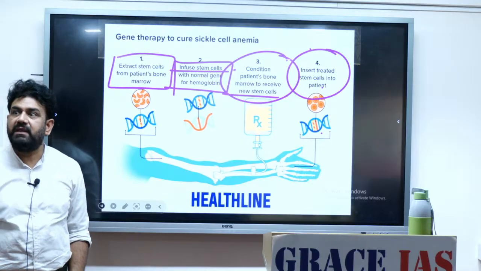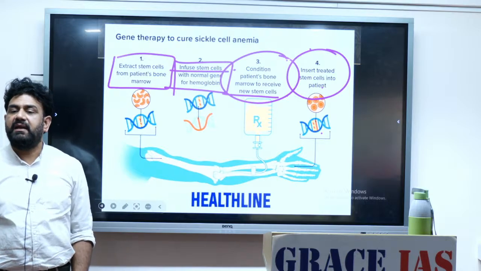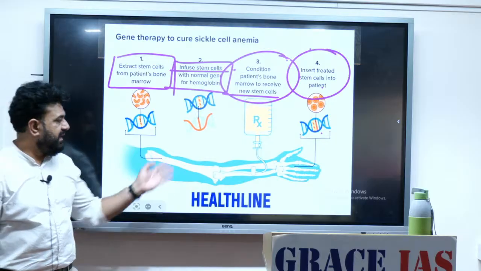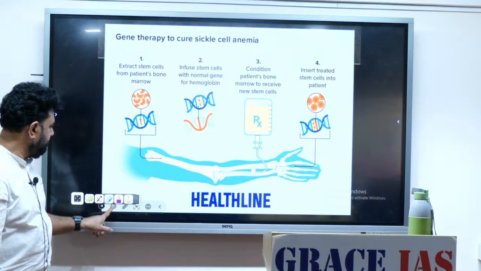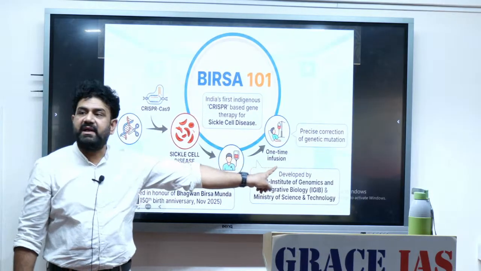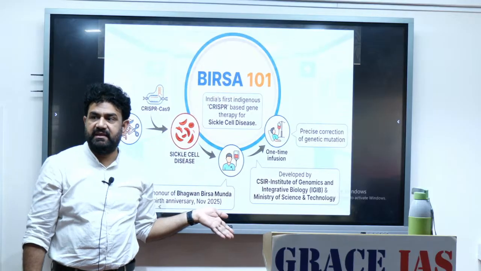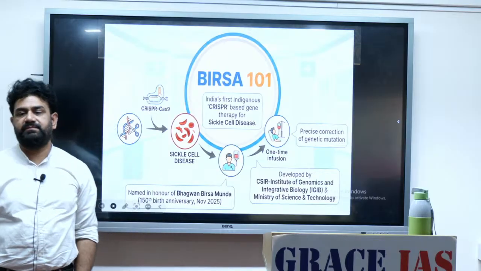That's expensive, laborious, and the risk of infection is very high, and you have to visit the hospital multiple times. But instead, with the CRISPR method, it is only one time. So convenient it is. Yes or no? That is the advantage of BIRSA 101.